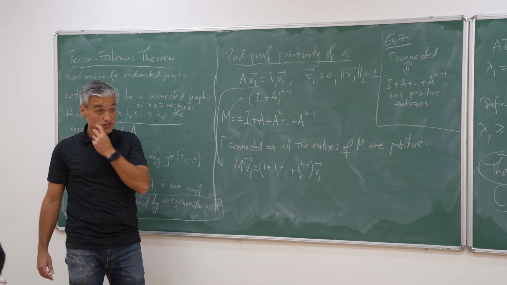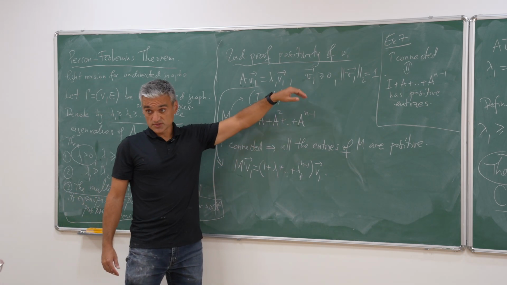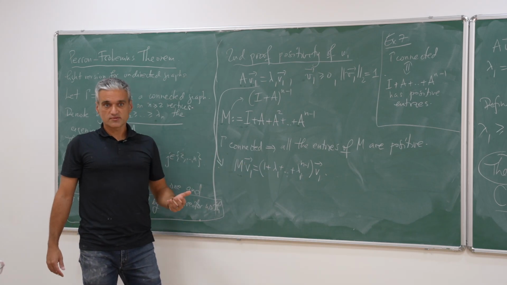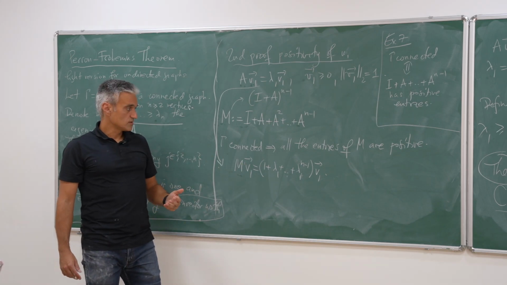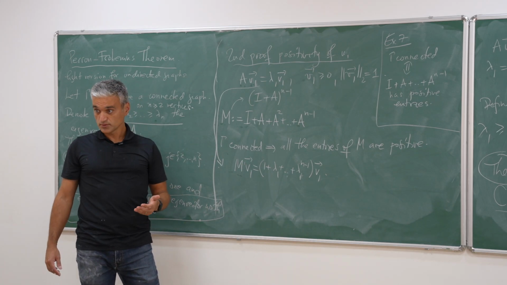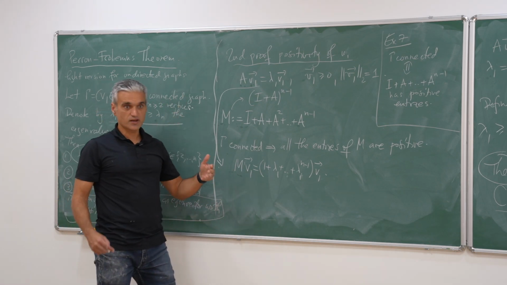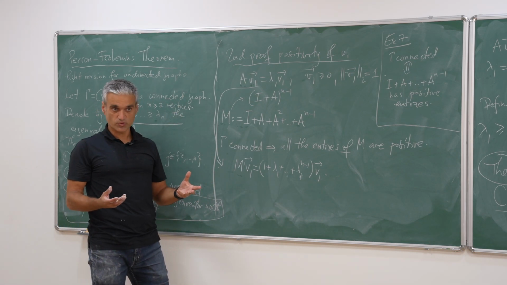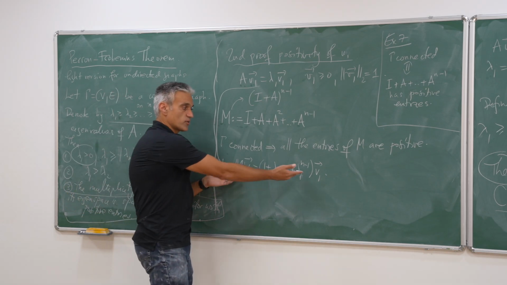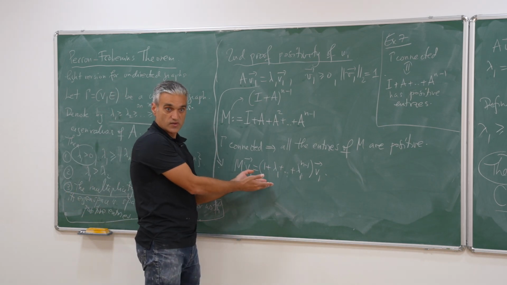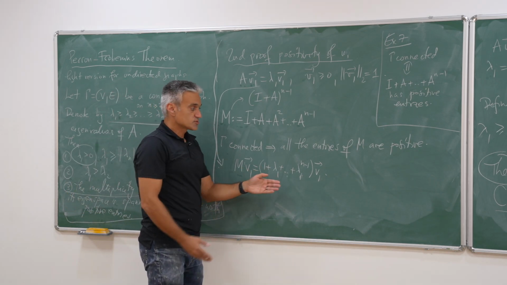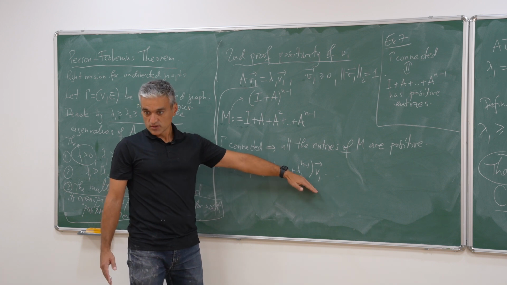again by contradiction. V1 is greater or equal to 0. So assume that you have an entry that is going to be 0. You pick up that entry from your vector V1, and you look at this equation at that entry. On one side you're going to get 0.